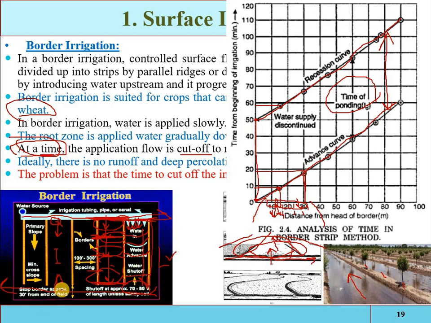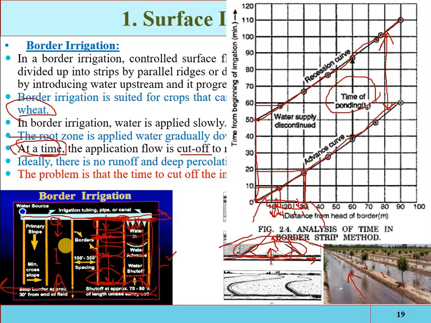I is the infiltration rate, for example in meters per hour, and Q is the discharge to the border, or strip, for example in cubic meters per second or hectare meters per hour.